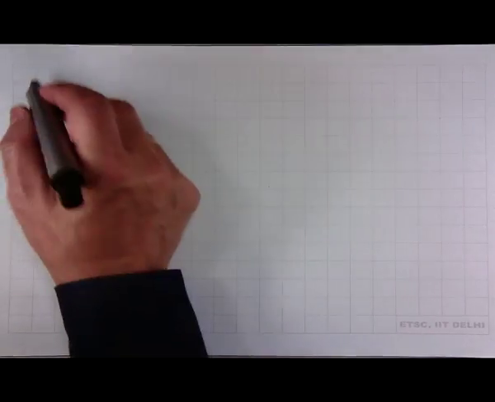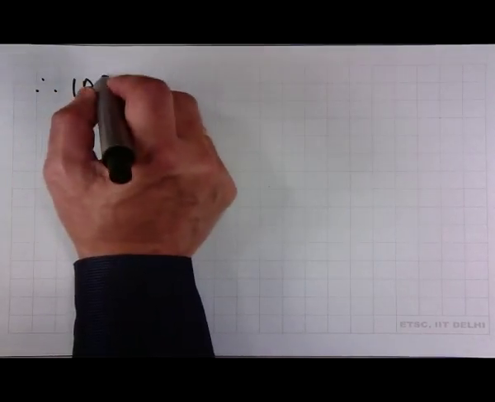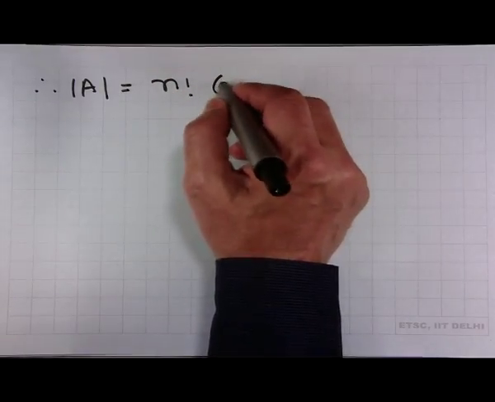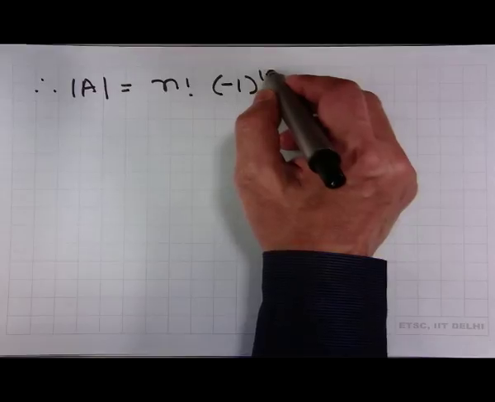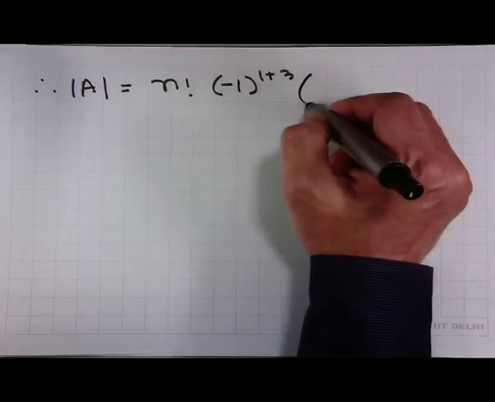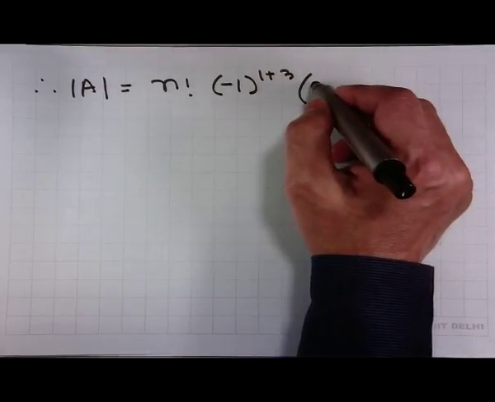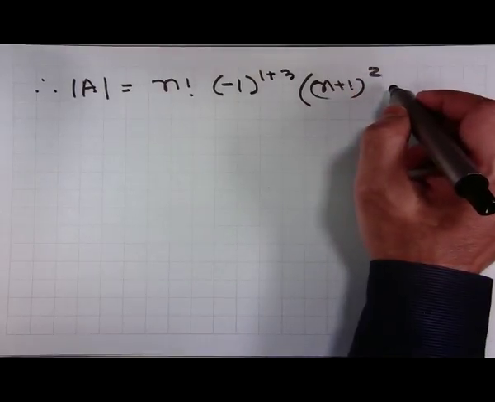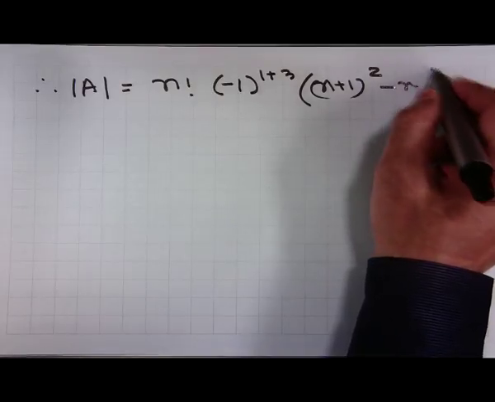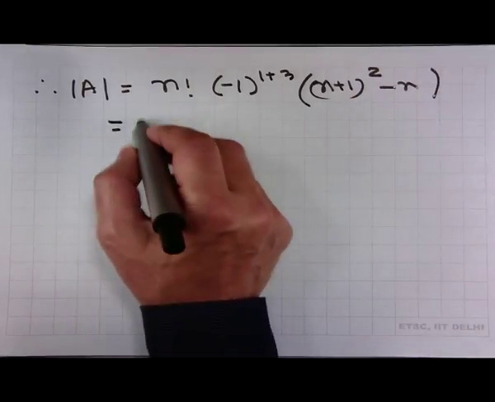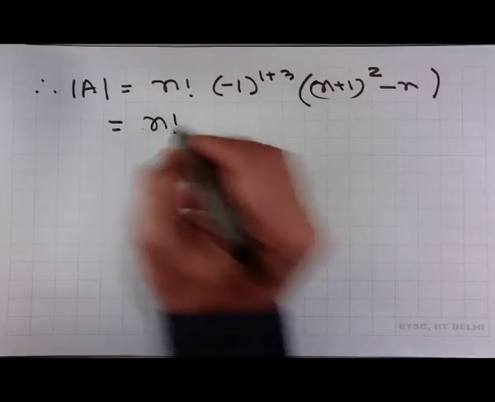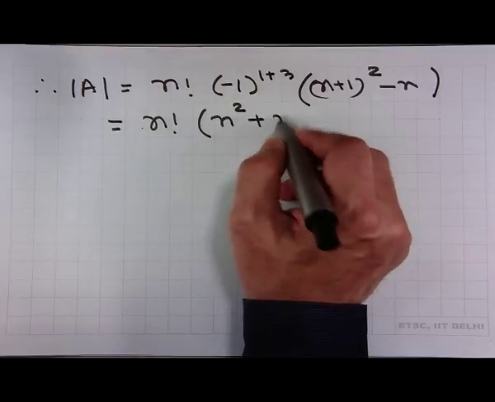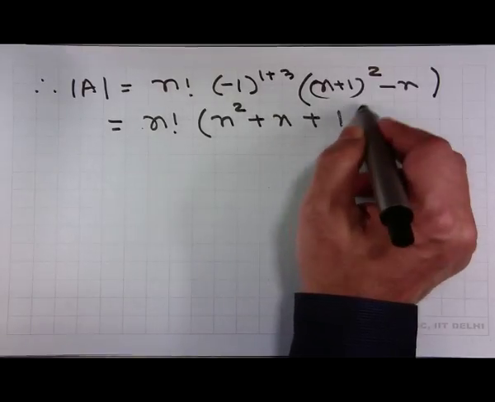Therefore, determinant of A is equal to n factorial into minus 1 to the power 1 plus 3 into n plus 1 whole square minus n, which is equal to n factorial into n square plus n plus 1.